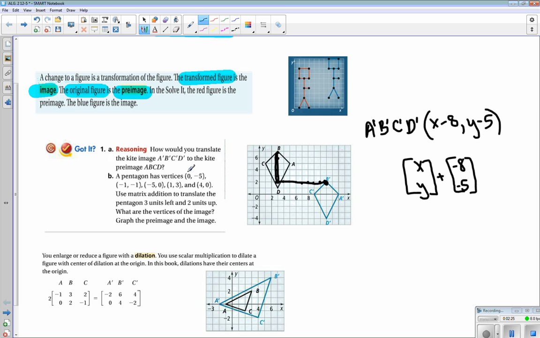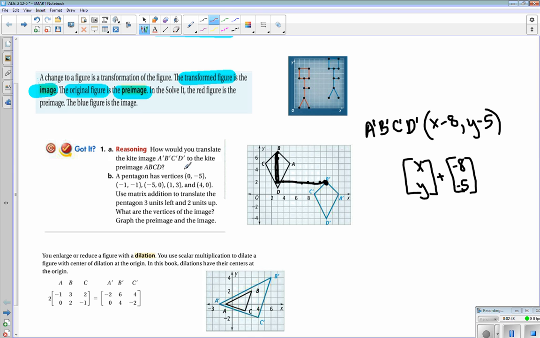A pentagon has vertices (0, -5), (-1, -1), (-5, 0), (1, 3), and (4, 0). Use matrix addition to translate the pentagon 3 units left and 2 units up. So let's write this for B, our pentagon.